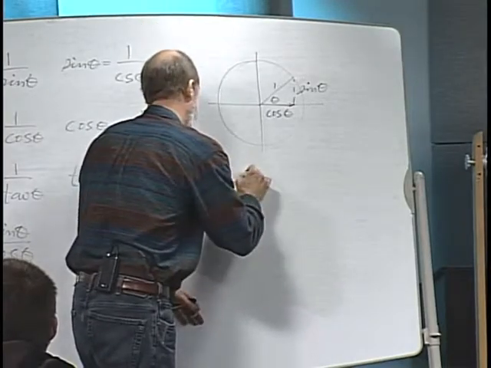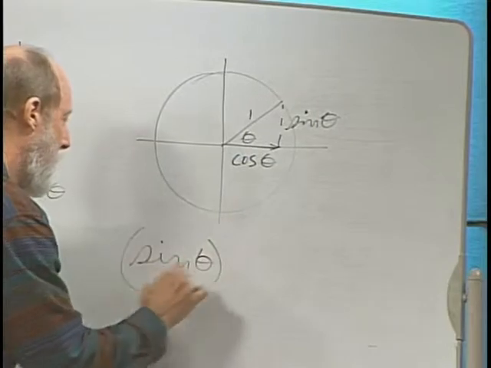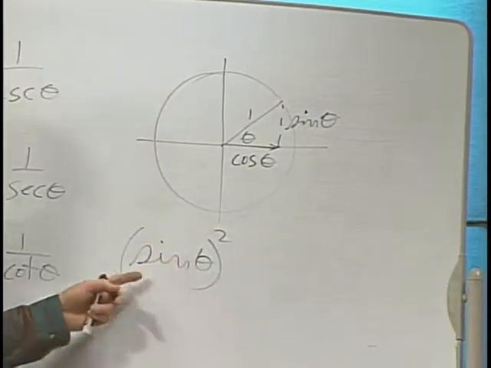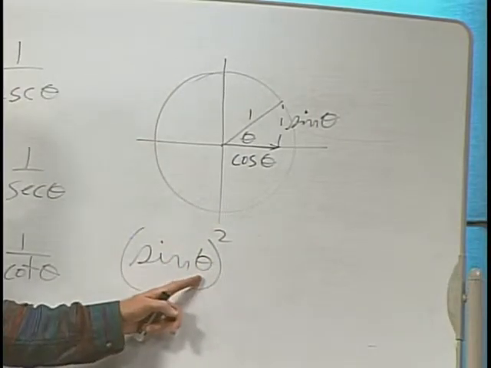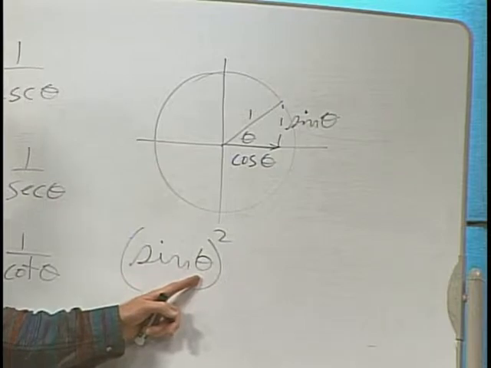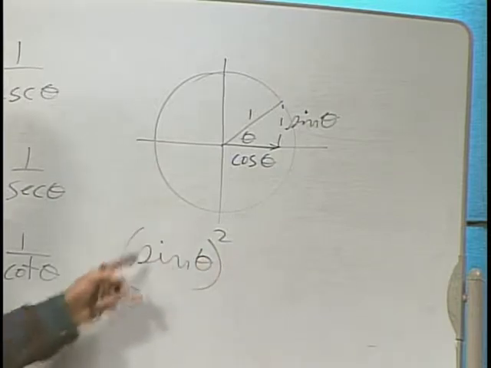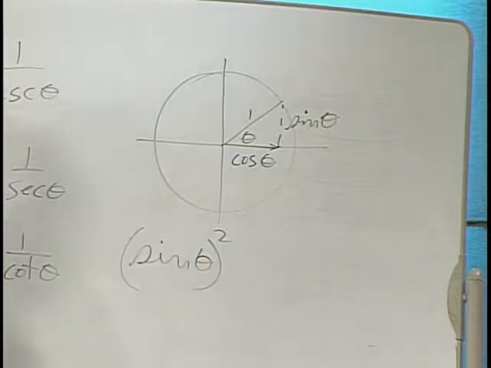So the sine of the angle squared: you're squaring the ratio, not the angle. Notice the parentheses I wrote down there. It wouldn't make any sense to square 30 degrees.